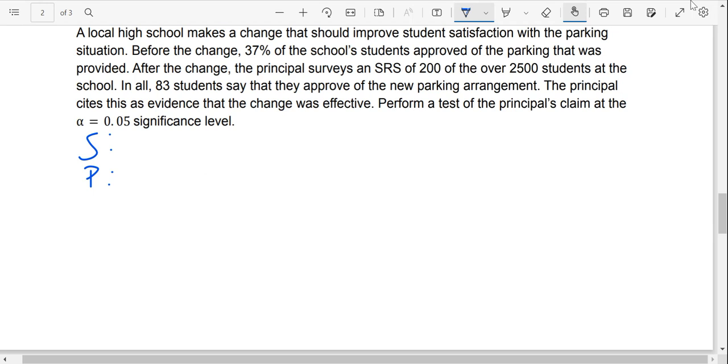All right, another word problem. We're going back to the parking at a high school, like we did in class. Try to read it. I'll let you read on your own. Pause if you need to. So let's state.